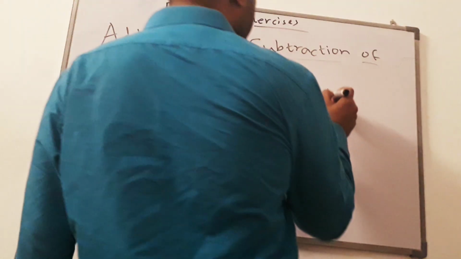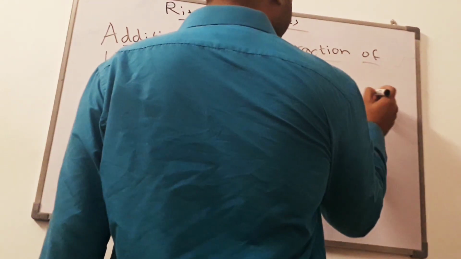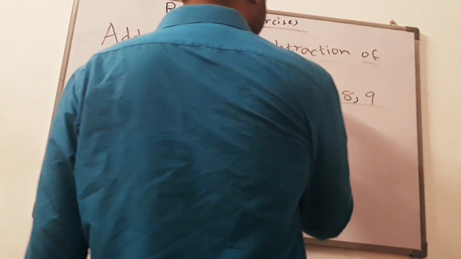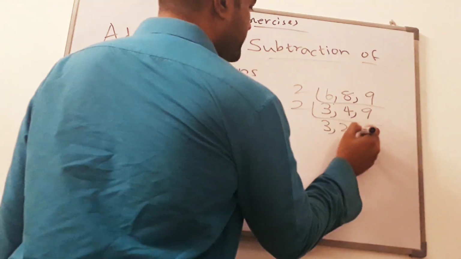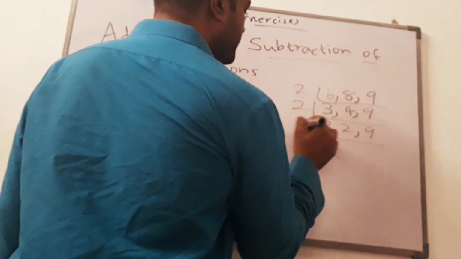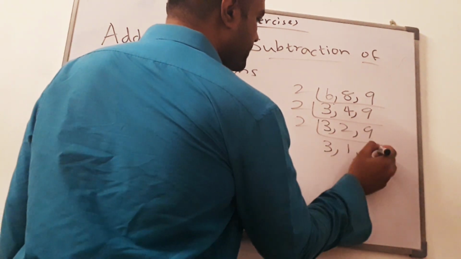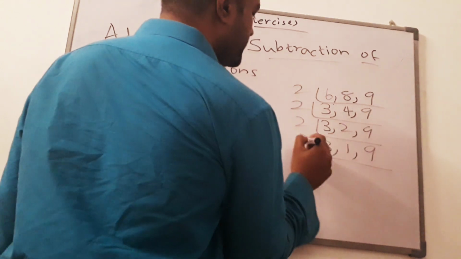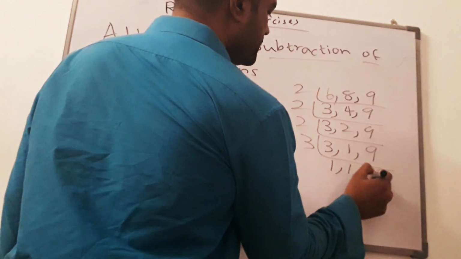So straight away you have to go to the division method of prime factorization. Can be divided by 2: 3, 4, 9. Again we can divide by 2: 3, 2, 9. Again 2: 3, 1, 9. Now by 3: 1, 1, 3.